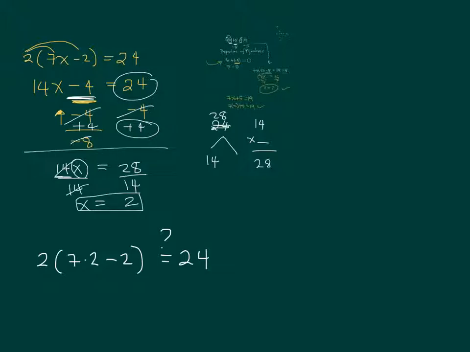So PEMDAS: 7 times 2 is 14, and then 14 minus 2 is 12. 12 times 2 is 24, so it's correct. So we can conclude x must be equal to 2. Okay, so that's our basic example for solving equations.